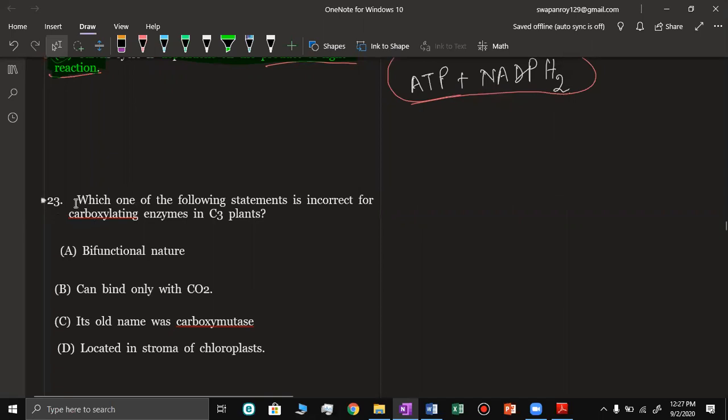Question number 3. Which one of the following statements is incorrect for the carboxylating enzyme in C3 plants?